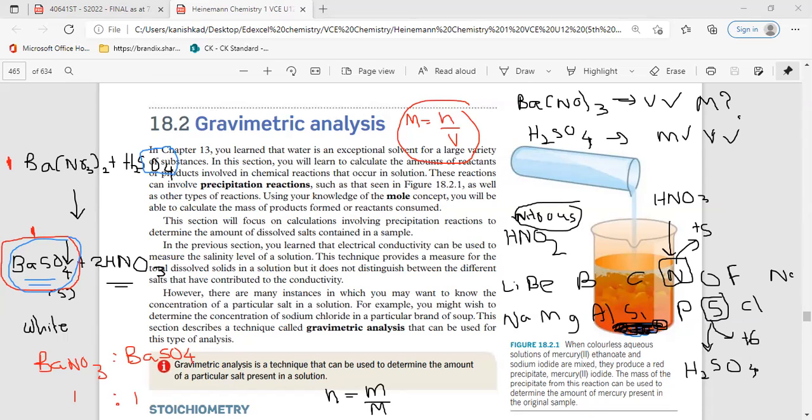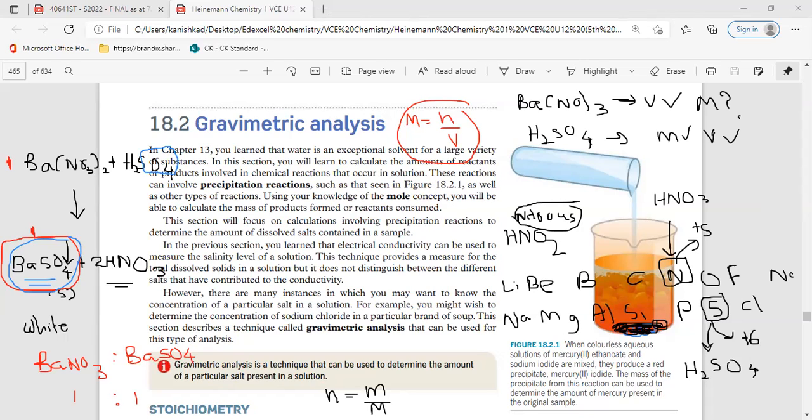The way of science is always that we should do it more times, because repeatability is a very important thing in analytical science. So simply this gives you the concentration of unknown barium nitrate. Okay, no problem. And this is the way.